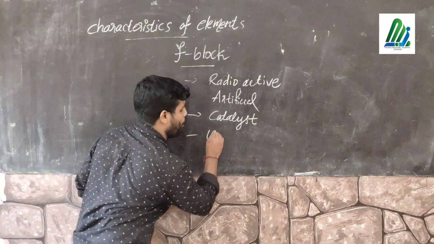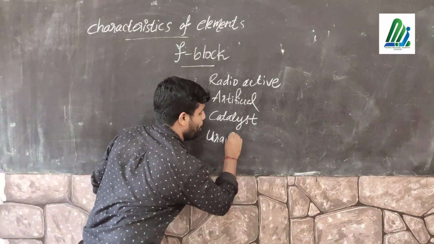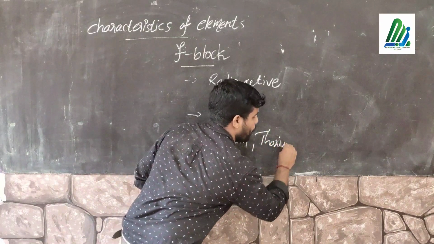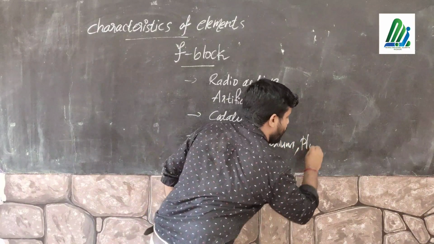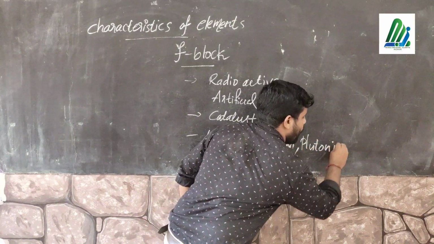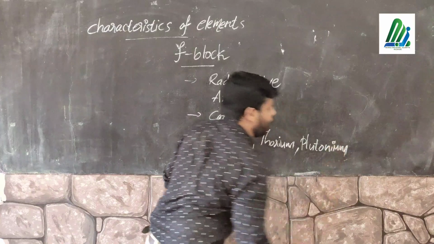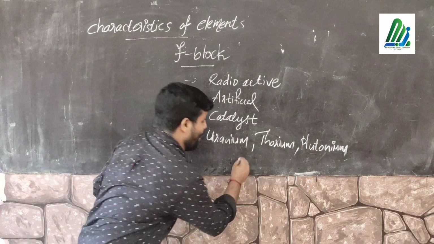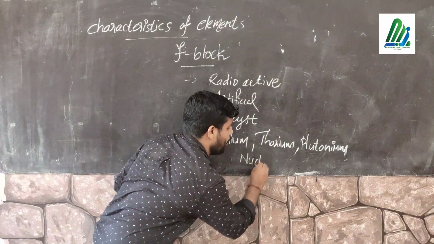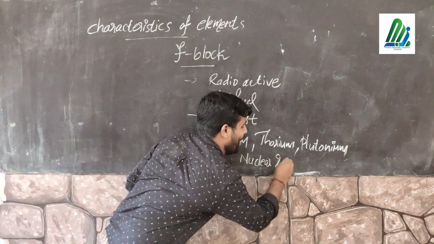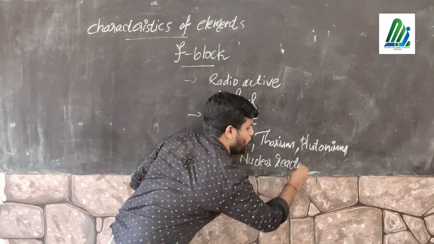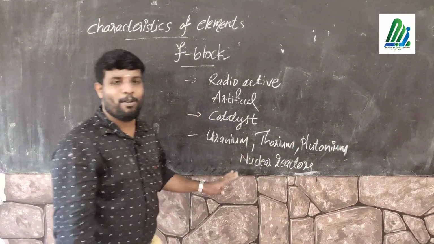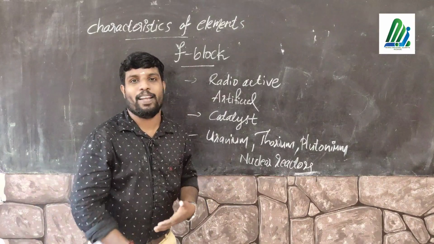Then uranium, thorium, plutonium: these are elements in the F block. They are used as fuels in nuclear reactors.